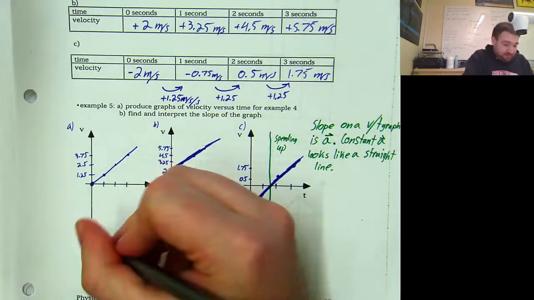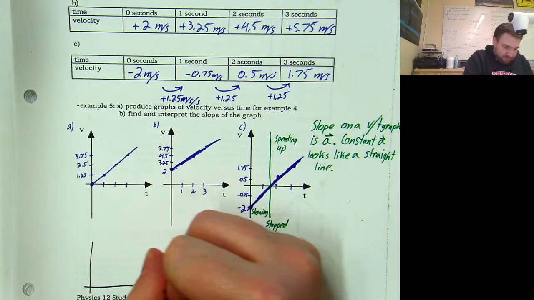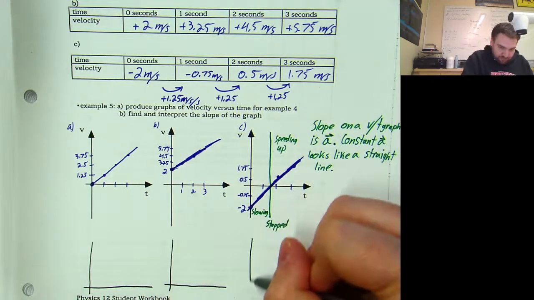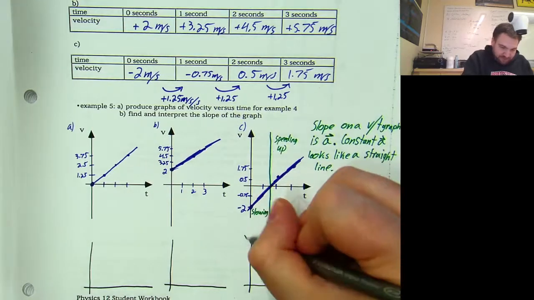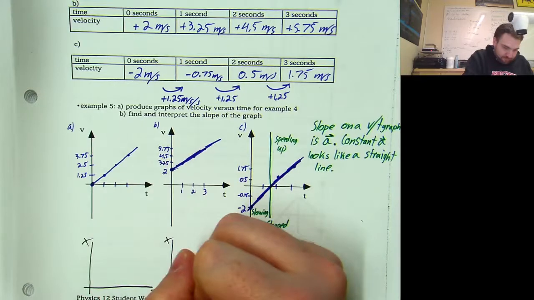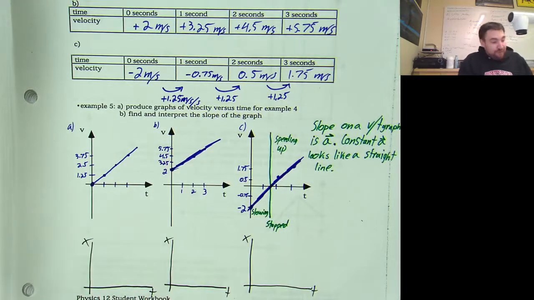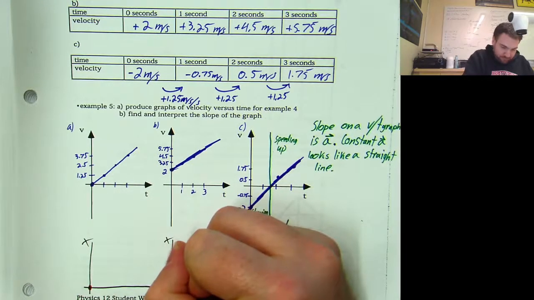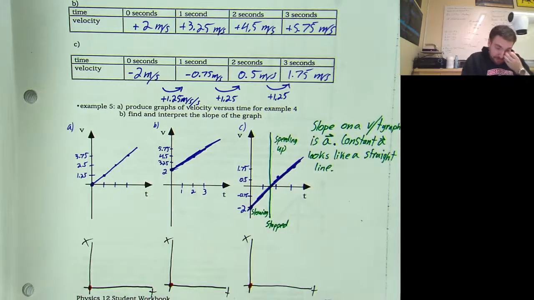We could also make, and we're going to, position time graphs underneath this thing. We don't know anything about the initial position, so I'm just going to assume the initial positions are at the origin for each one of these. Let's take a look at what's happening here.